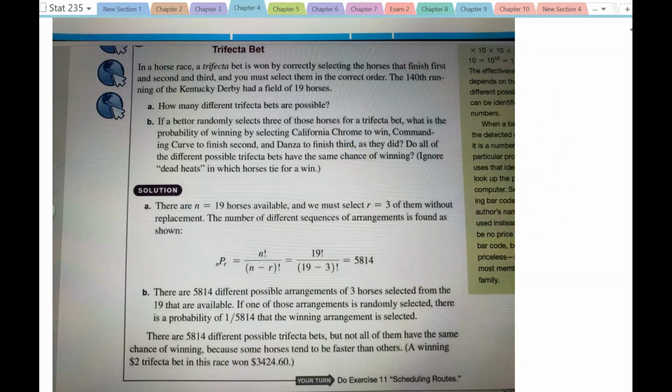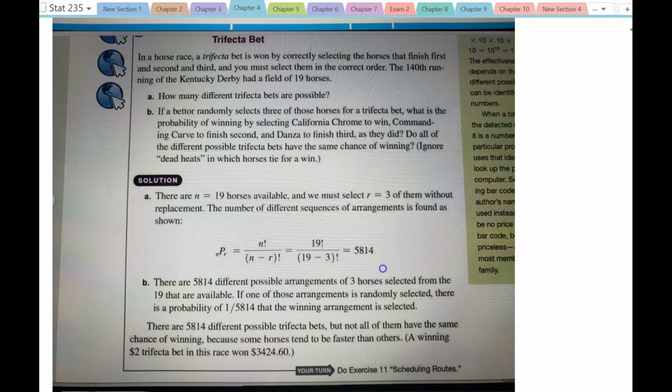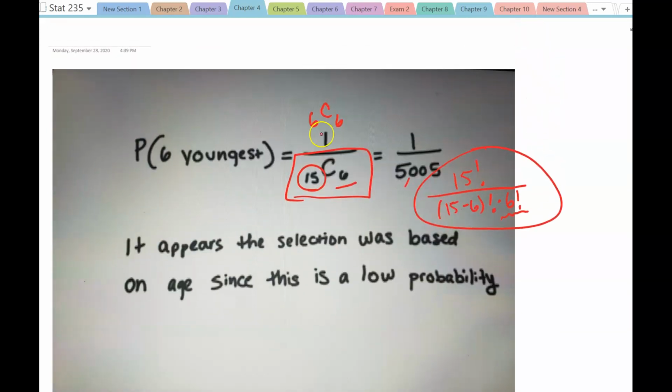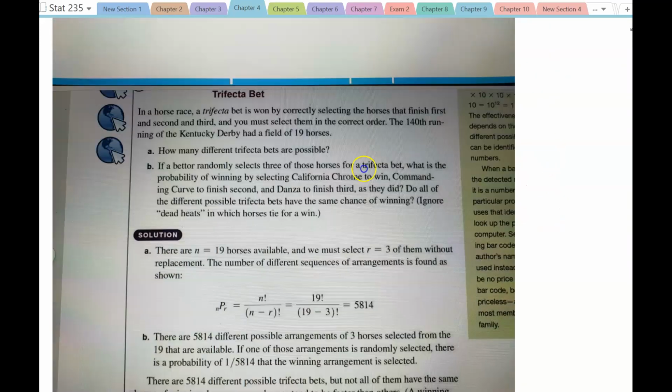On this example, you have 19 horses that are available, and when you do nPr, out of the 19, you're going to pick 3 of them, and in this case, it's any group of 3. So in the example above, we were specifically looking at the group where we're grouping the 6 youngest, and there's only one way to do that.